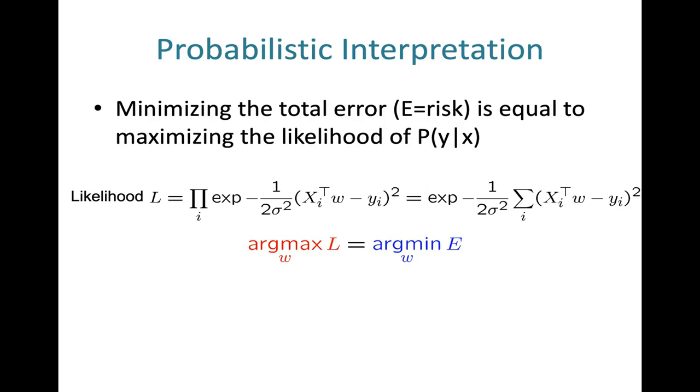This is important because some of the packages that you will run might approximate the best linear fit, instead of by minimizing the total error, by maximizing the likelihood of this conditional distribution. What do I mean by this?